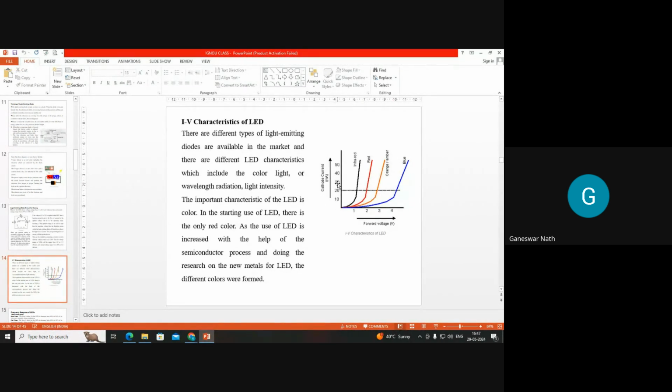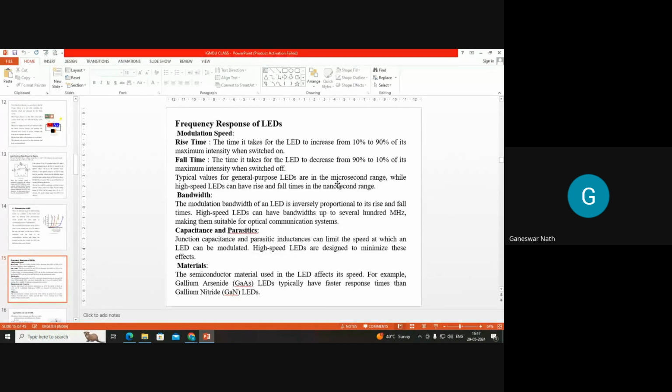Now similarly the frequency response of the LED. These LEDs operate in different situations, like modulation speed. It has the bandwidth, capacitance, parasitics, and lots of materials.